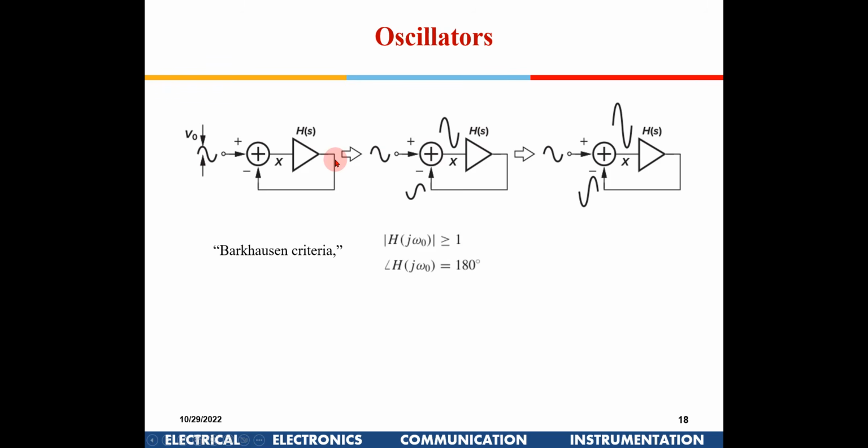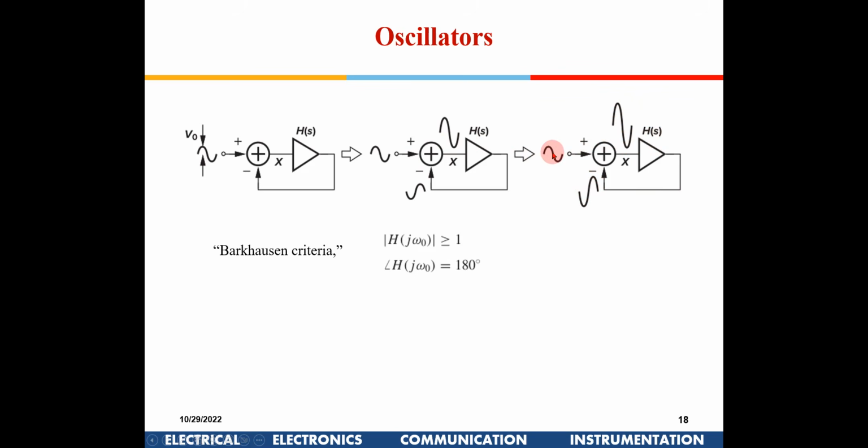So how do oscillators work? Here we don't want stability. Suppose this is an input signal given here. It makes a 180 degree phase shift out here, and you are subtracting these two, so this will get added up. If it is getting added up, in the next cycle it will give a bigger signal out here.